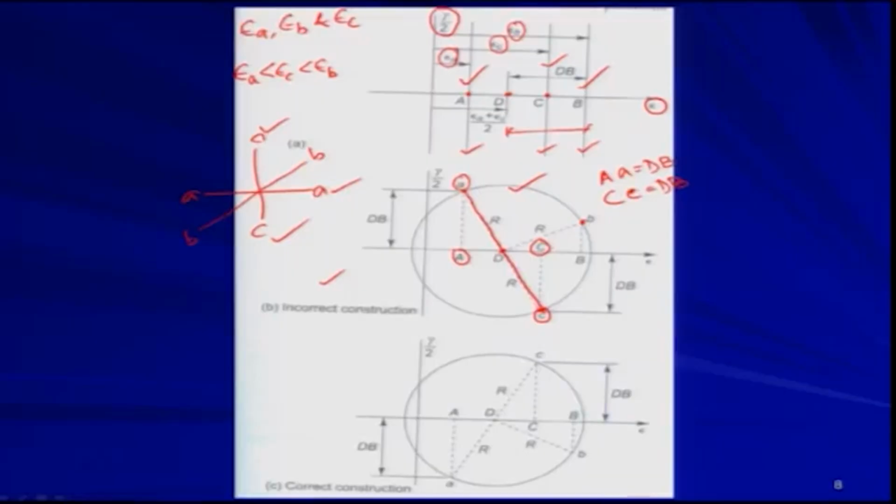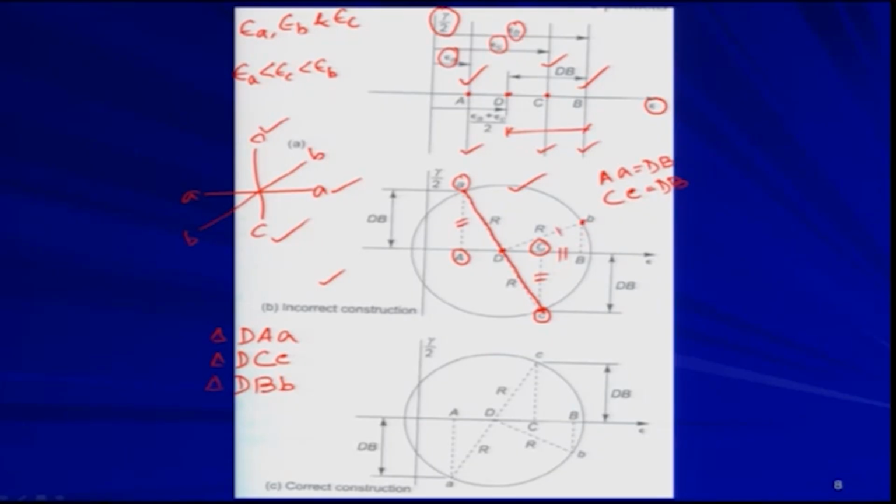Now, if you look at these triangles, triangle DAA, triangle DCC and triangle DBB, all these triangles are similar, because 2 sides of these triangles are equal: AA is equal to DB is equal to CC.